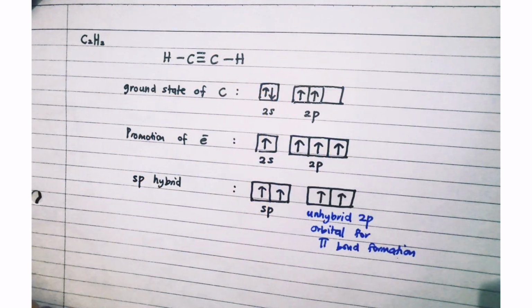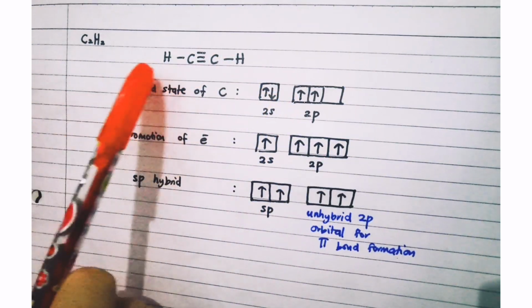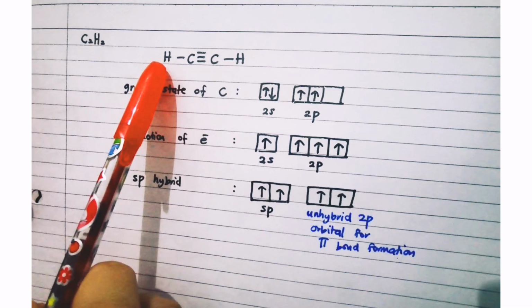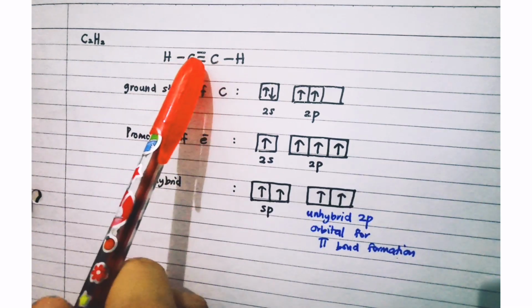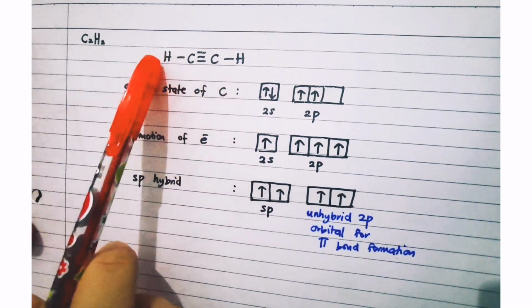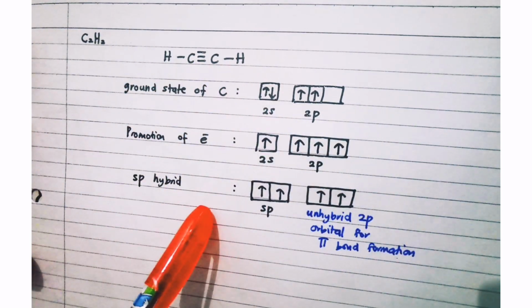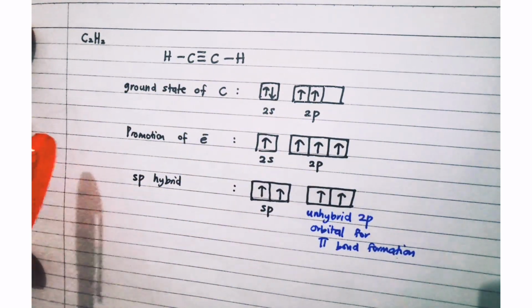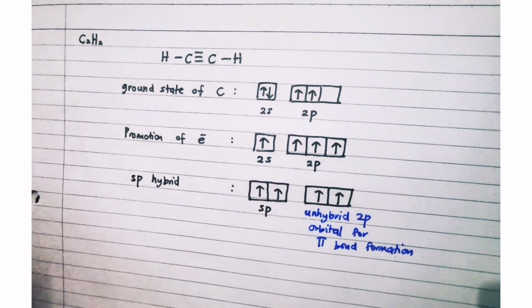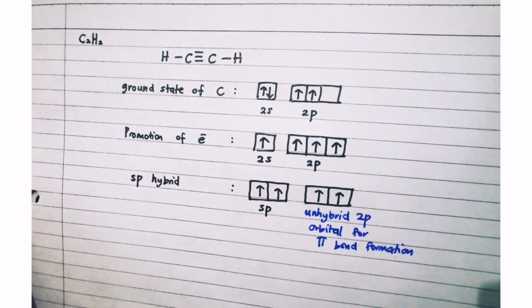For C2H2 molecule, this is our Lewis structure of C2H2 with CC triple bond and CH sigma bonds. This is the hybridization process of our C in the molecule. Okay, now we will draw the orbital overlapping diagram for this C2H2.